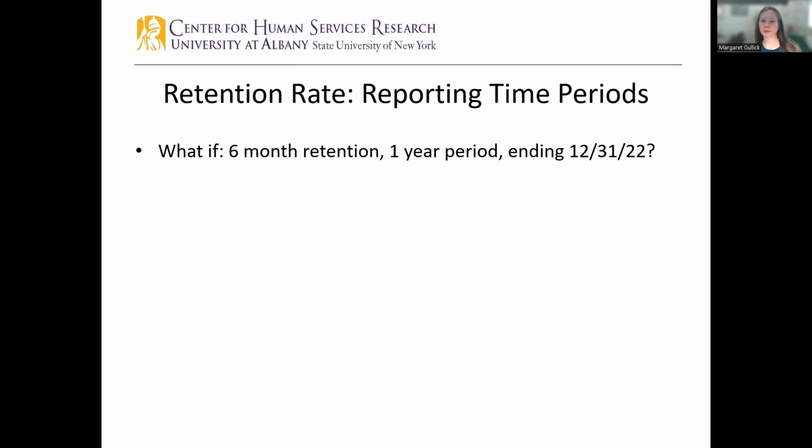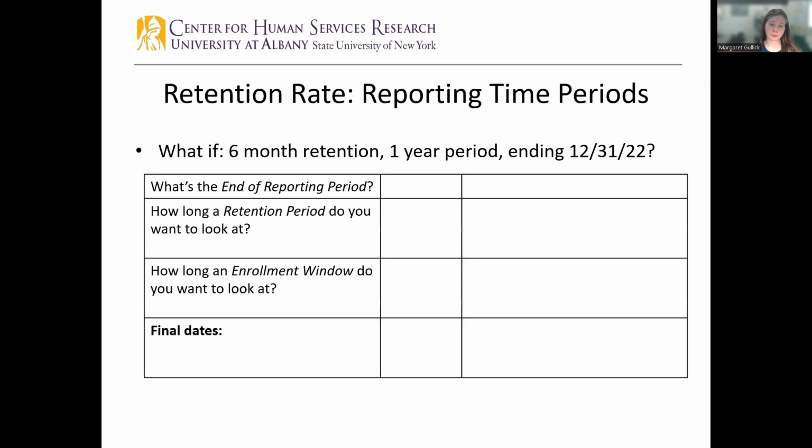One more example. If we do 6-month retention, a 1 year period, ending 12/31/22. Let's go through the same questions. The end of the reporting period is 12/31/22. How long retention period do we want to look at? 6 months. Okay.